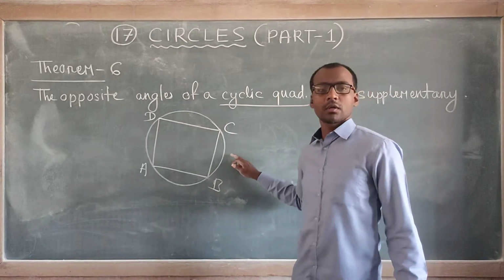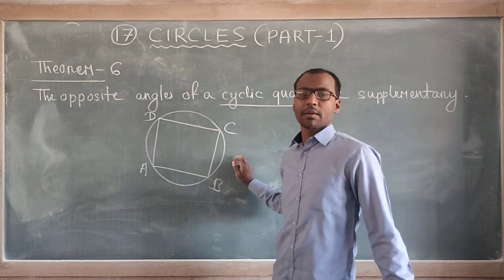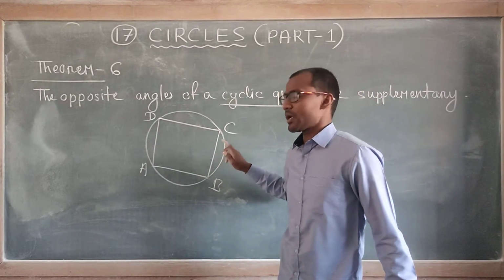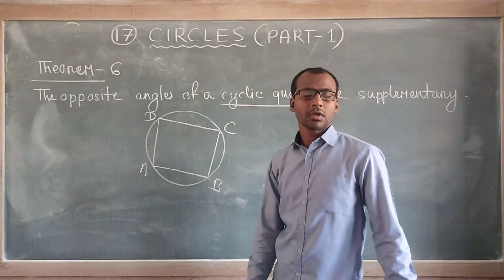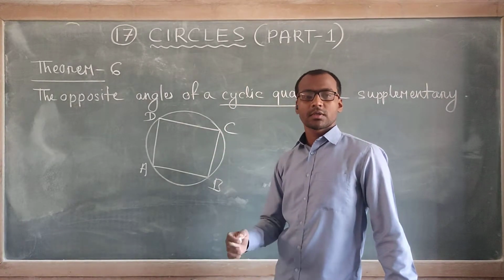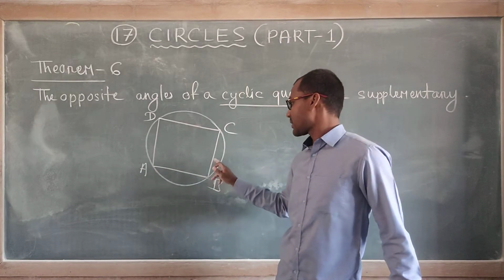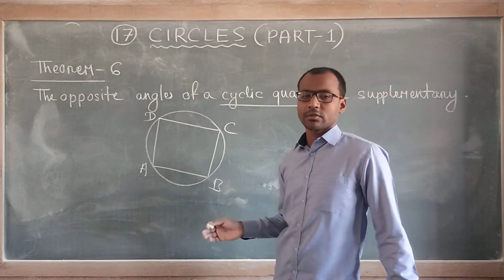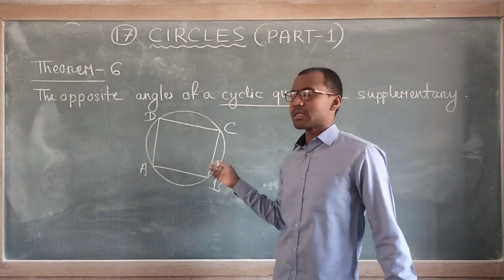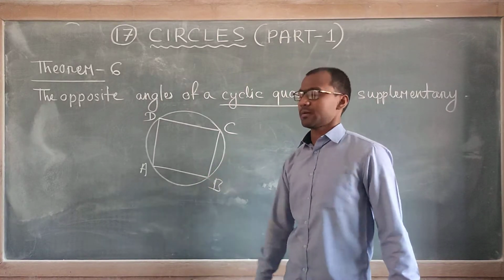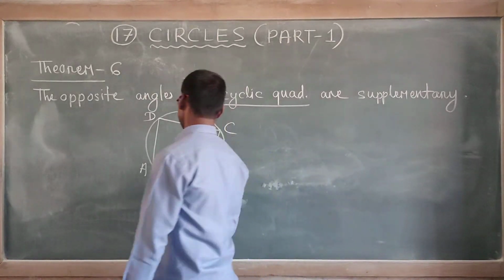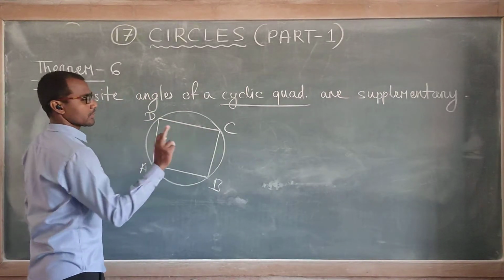This circle is called circumcircle or circumscribed circle, and this quadrilateral or this polygon is called inscribed or cyclic polygon. So the name is cyclic quadrilateral. It is inside, so it is cyclic. Then it has 4 sides, so it is quadrilateral. So cyclic quadrilateral. Now by this theorem, angle A plus angle C will be 180 degree.